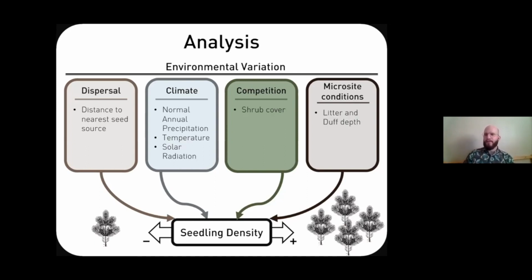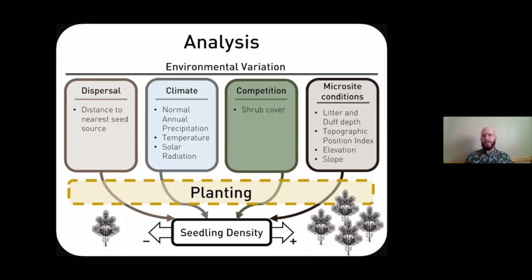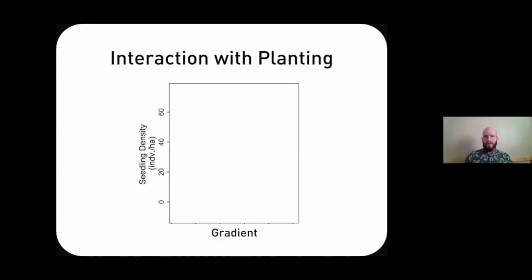And for microsite conditions, we measured litter depth, and topography: elevation and slope. All of these things can impact seedling density. We wanted to measure that, but we also wanted to understand how planting changes the relationship and perhaps interacts with these factors. So we tested these factors in a model, and we let them interact with planting.